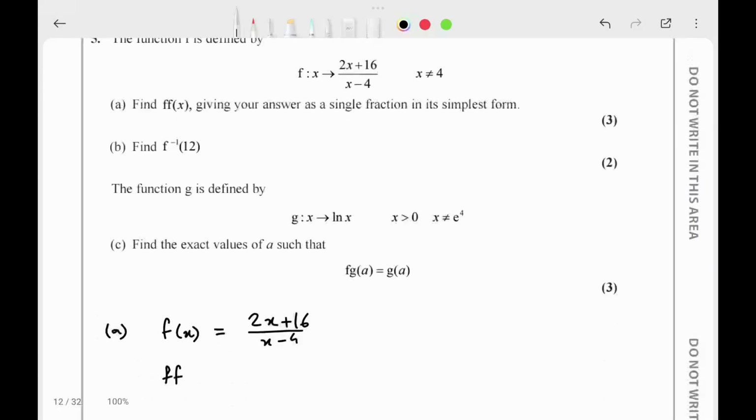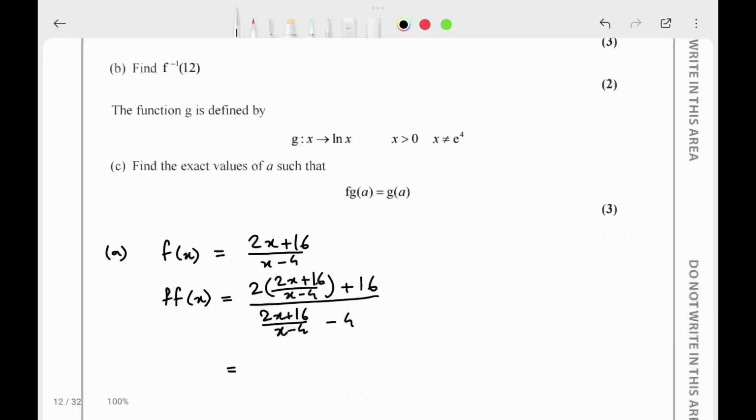So f of f of x will be equal to 2 times f of x, that's 2 times (2x plus 16) divided by (x minus 4), plus 16, divided by (2x plus 16) divided by (x minus 4) minus 4.